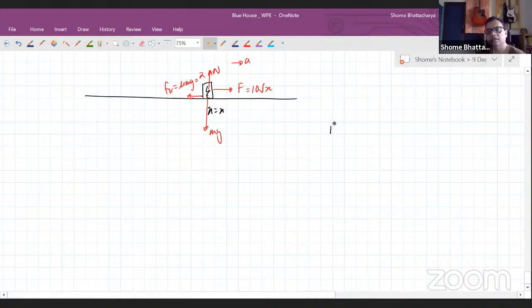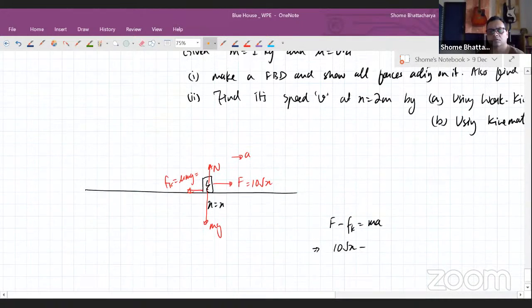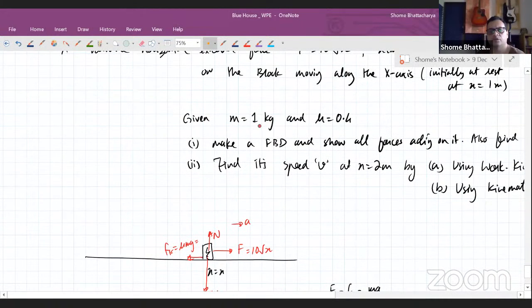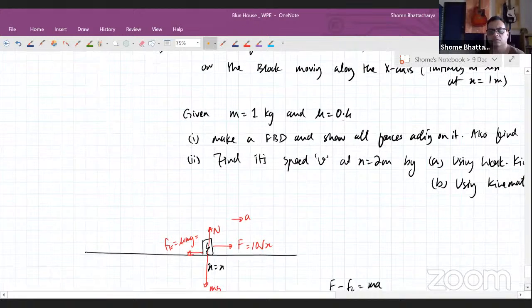So we have the equation F minus kinetic friction is equal to mass into acceleration. So 10 root x minus, sorry, the friction is 4, I think. Yes, coefficient of friction is 0.4, g we will take as 10.